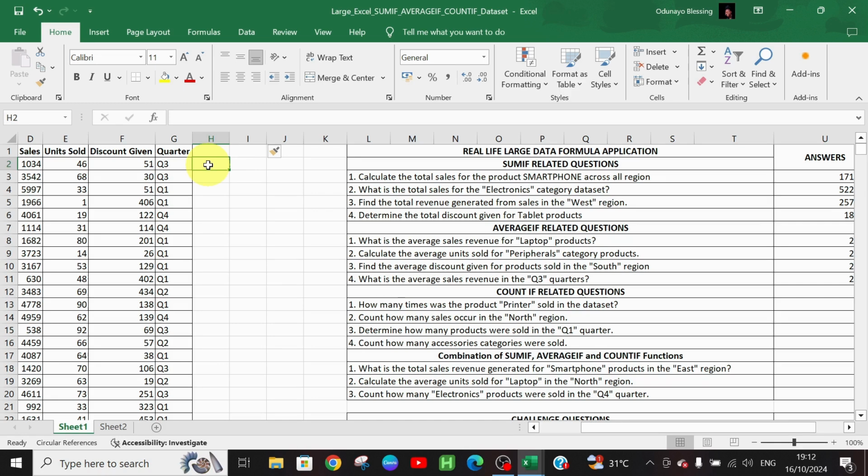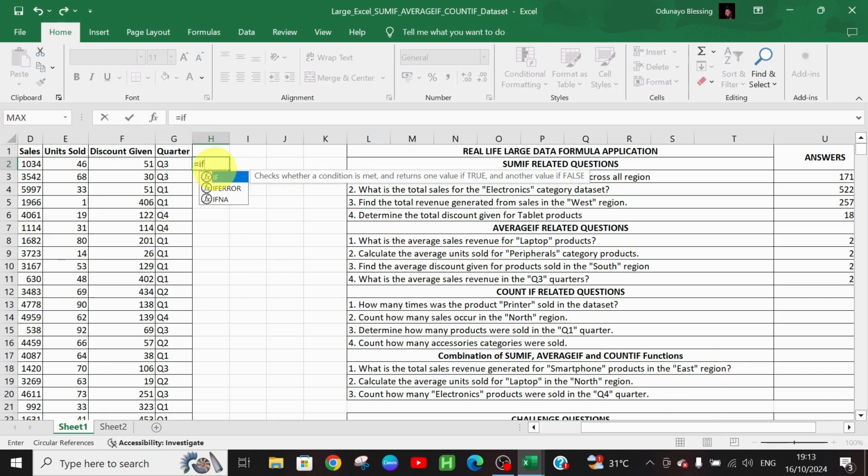Condition 1 is the total sales generated for smartphone, and it's not just smartphone, it must be in the East region. So we are going to be using here our IF AND function to know those sales that were made in the East that were smartphone. So the first thing we are doing now is that we want to know if this and this are true, there should be a release of the sales in that region East.